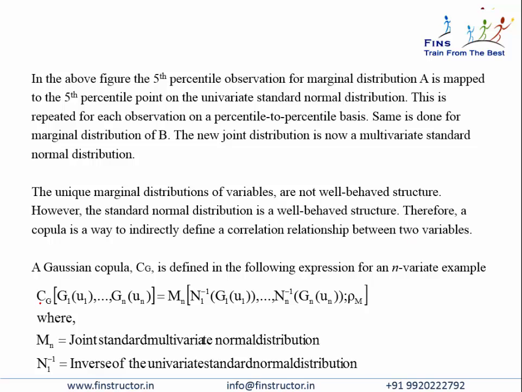So the copula is defined as the joint standard multivariate normal distribution, which comes by combining these individual normal distributions using a correlation matrix into a multivariate normal distribution. So a univariate normal distribution is converted into a multivariate normal distribution that gives us the joint probabilities or the combined probabilities, and we'll understand that better with an example.